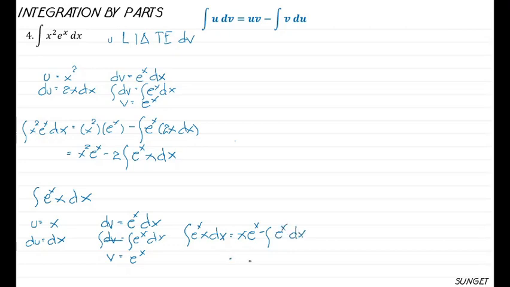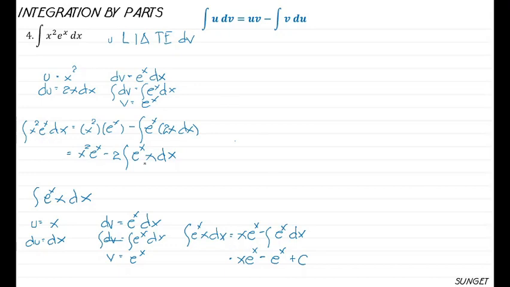That is equal to x times e raised to x minus the integral of e raised to x, so that is e raised to x plus c. So the integral of x e raised to x dx is equal to x times e raised to x minus e raised to x plus c.